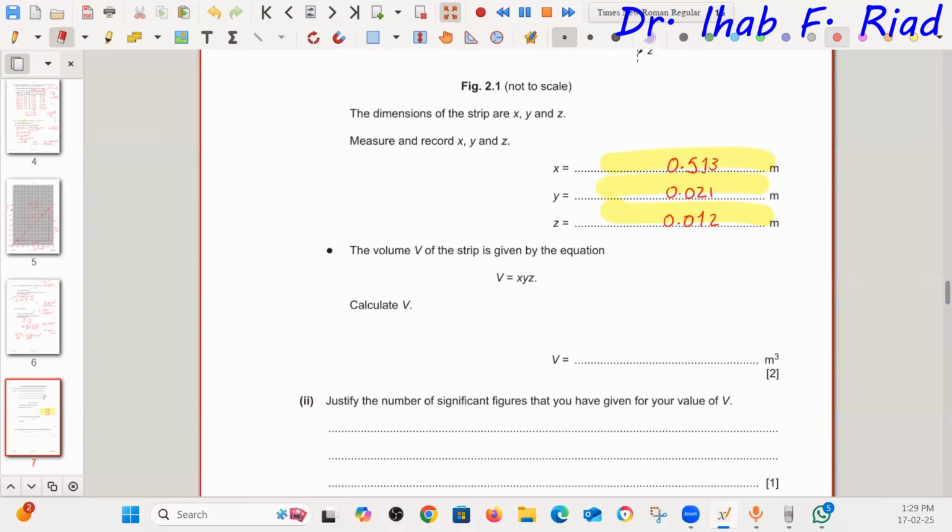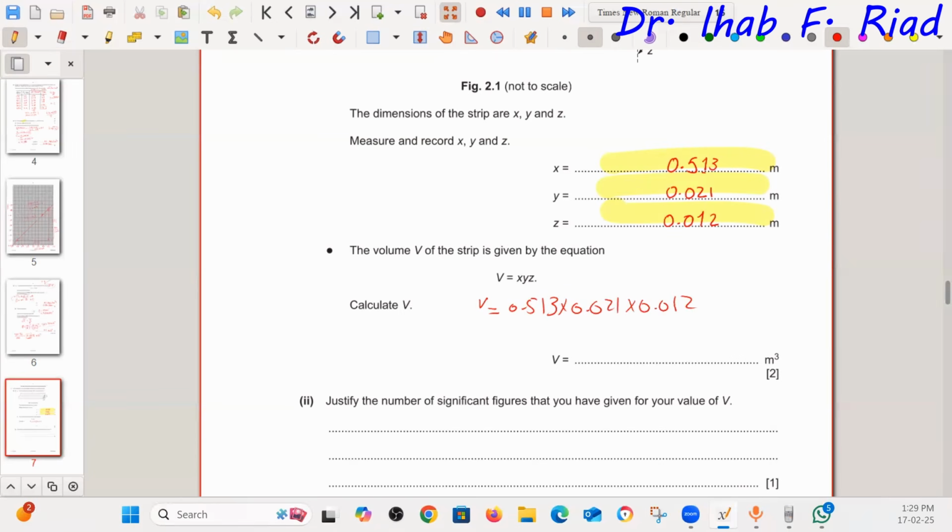Now, the volume of the strip is given by x times y times z, right? Calculate the volume. What are we going to do? I will multiply 0.513 by 0.021 by 0.012.